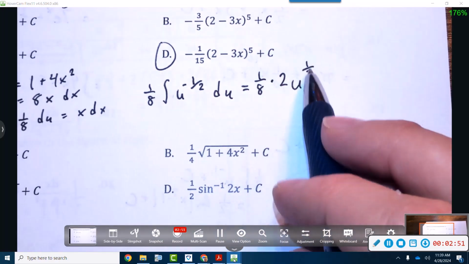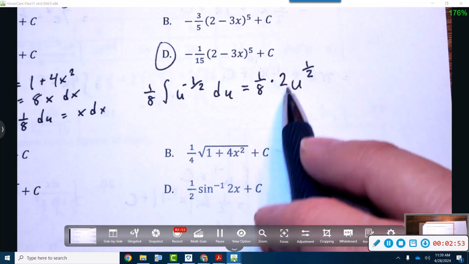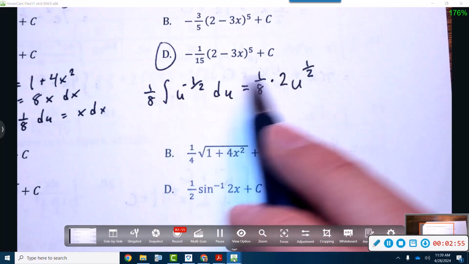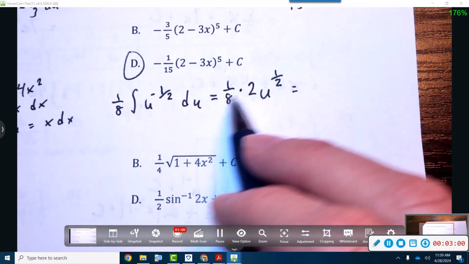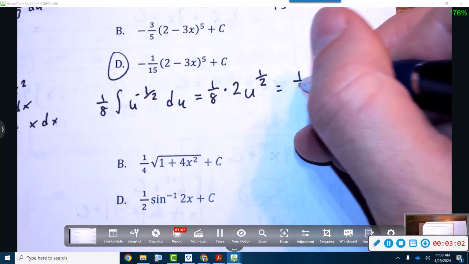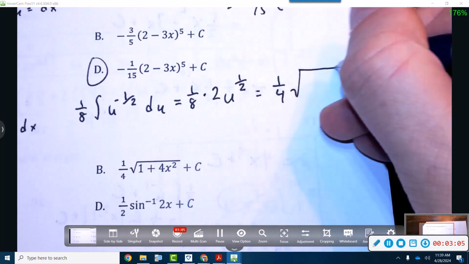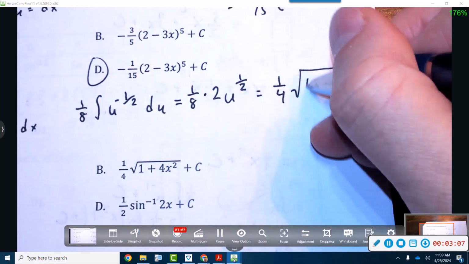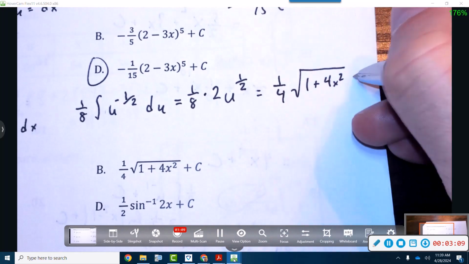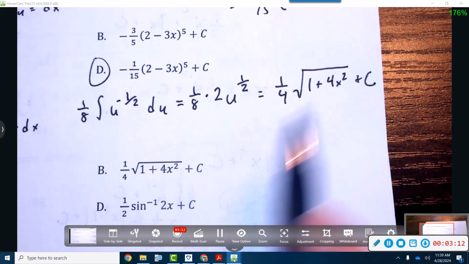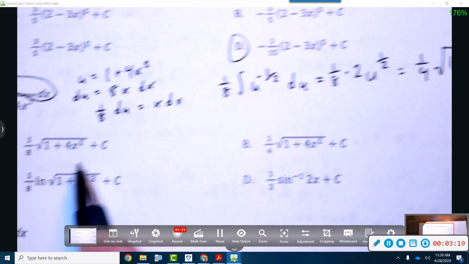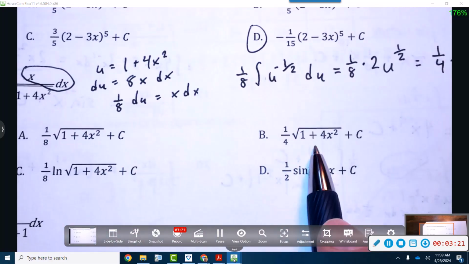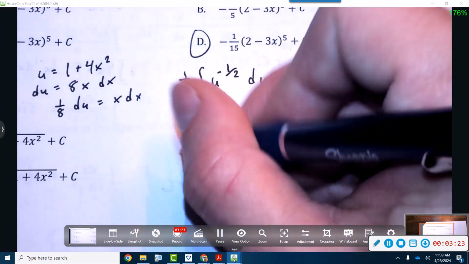Okay, so then that way the 1/2 comes down, multiplies to the 2, we get the 1 there, and the 1/8 is still right there. So this equals then 2 times 1/8 is 1/4, the square root of u, which is 1 plus 4x squared plus c, and that guy is right, not there. He is right there. Okay, nice.